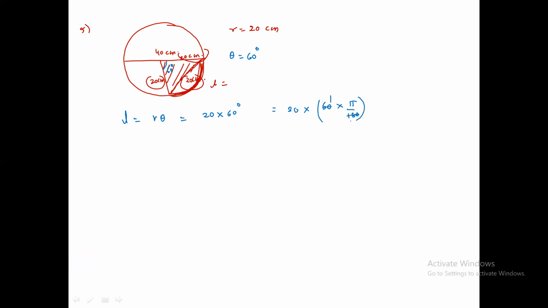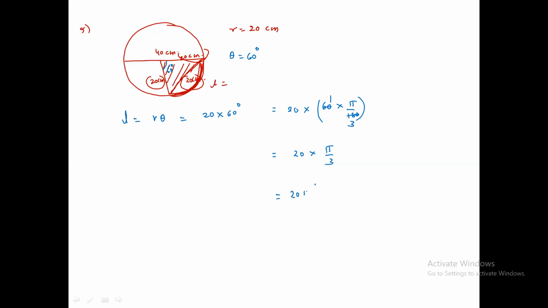60 once, 60 threes. 20 into pi by 3. Now, you can keep it as it is or you can change it to decimals.